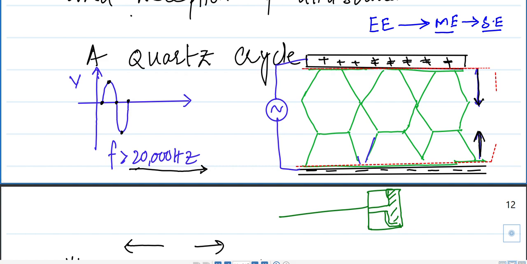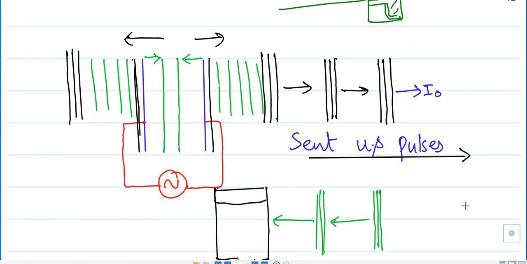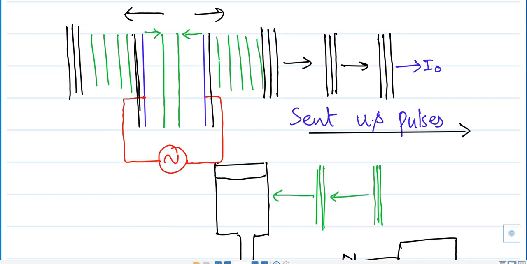In this way the compressions and rarefactions are produced in the medium in which it is performing this vibratory motion. If I have compressions and rarefactions, definitely that is a longitudinal wave.